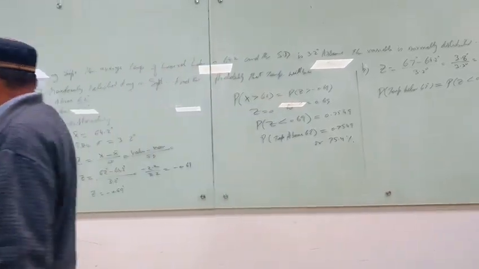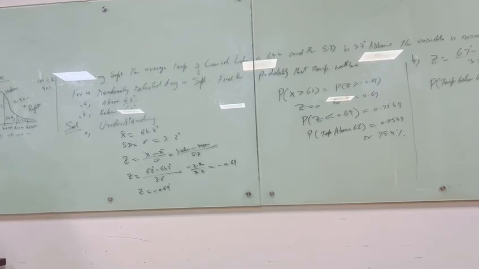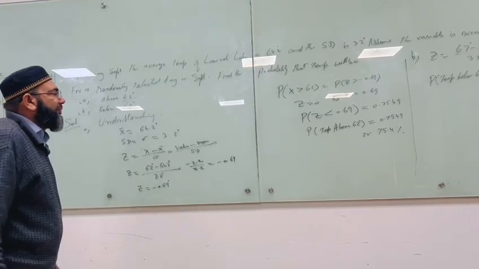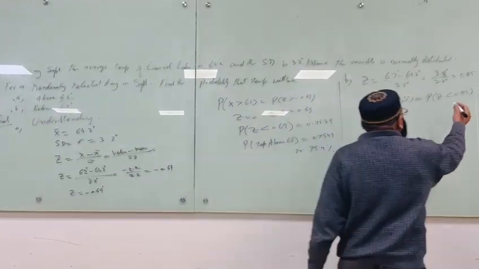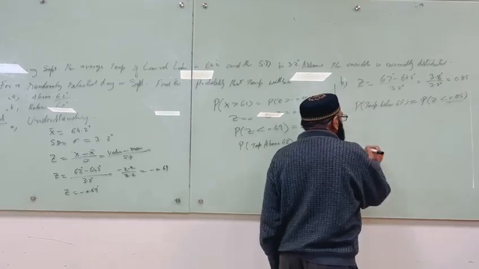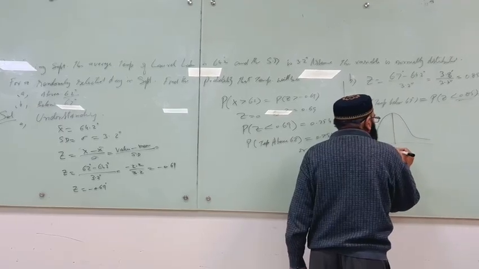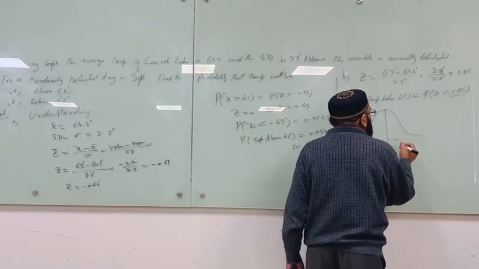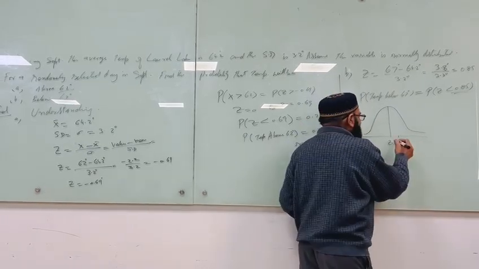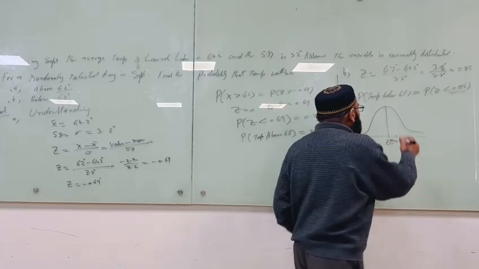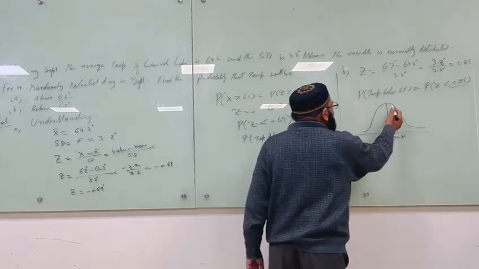Now from the table, what is it? First sketch the graph. Z is 0 here, and our value is on this side. We have to find the temperature below this side.